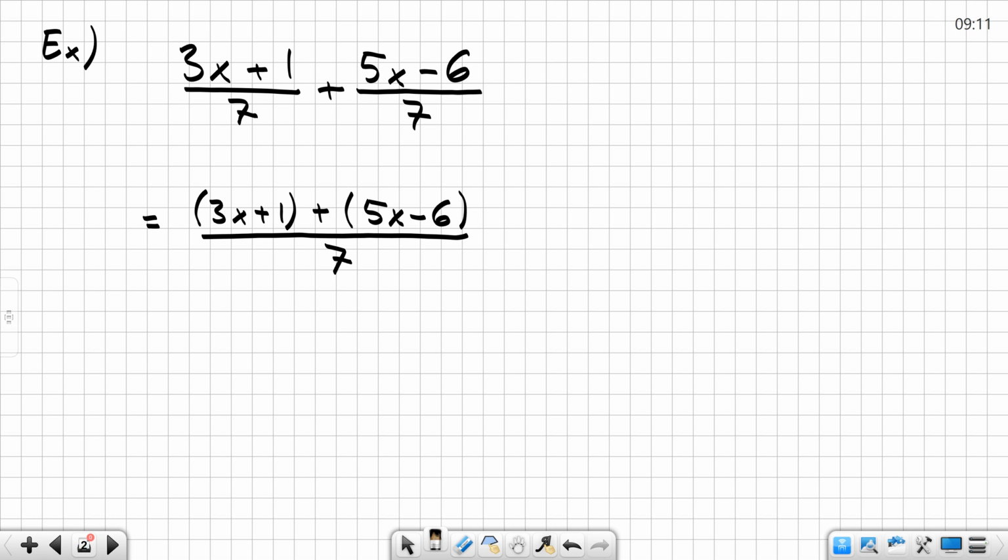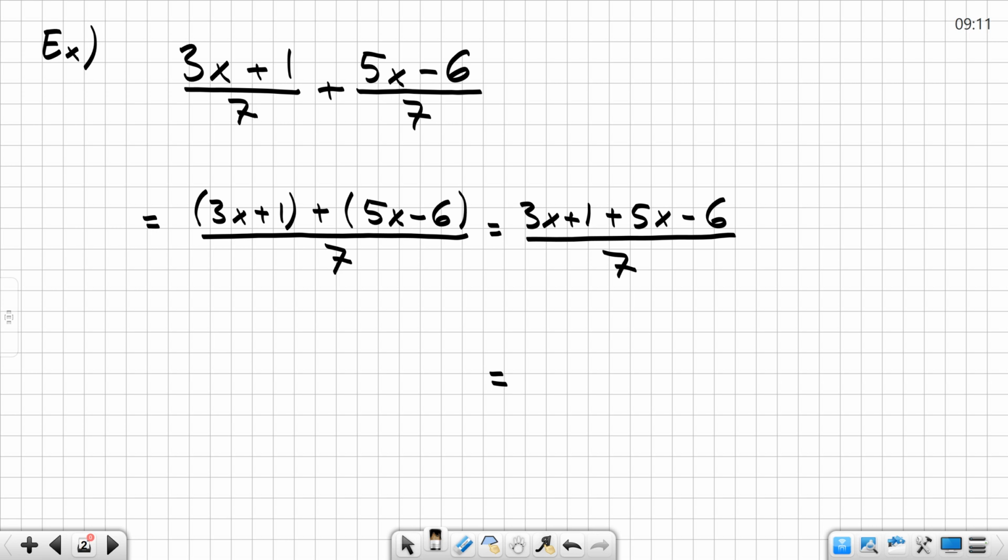Now at the top, I'm going to simplify, and that means I am opening up my parentheses. The second pair of parentheses, if I open this up, I'm still going to be left with 5x minus 6. The positive on the outside didn't change anything.